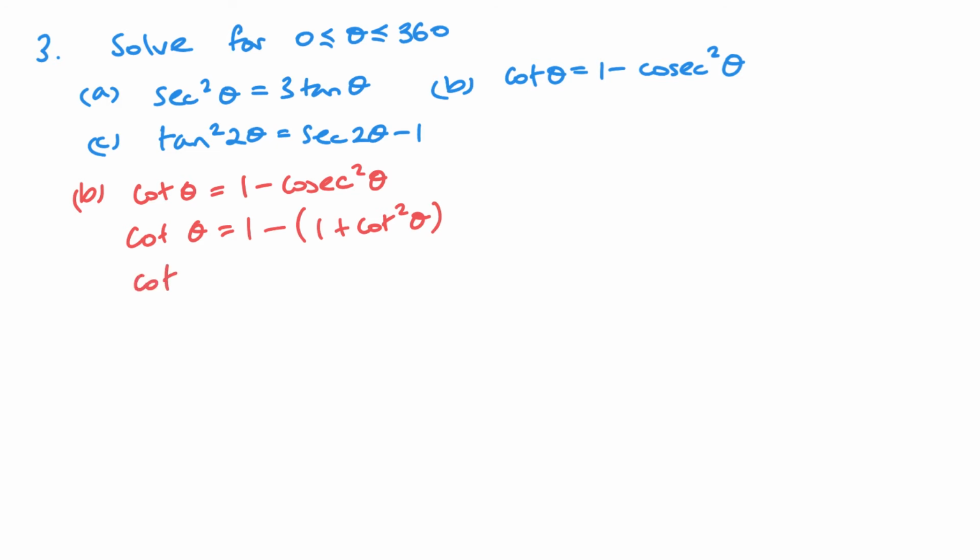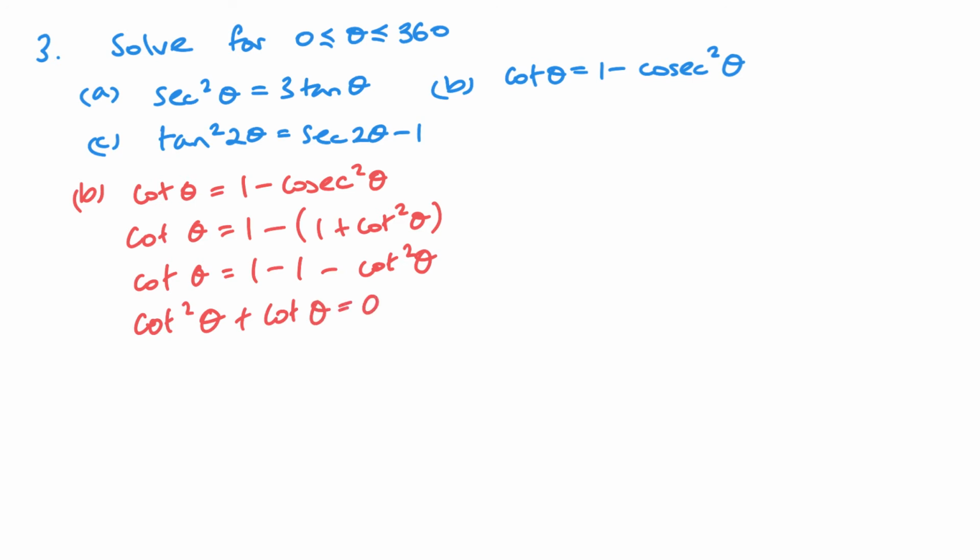So we've got cot theta equals 1 minus 1 minus cot squared theta. So 1 minus 1 is obviously 0, and I take the cot squared to my left side, so we get cot squared theta plus cot theta equals 0.